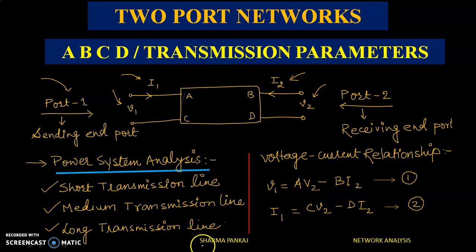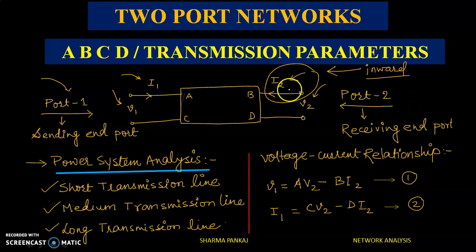Now please note one thing: this I2 is inward in the diagram. But what happens in power system? In power system, if this is the receiving end, we are receiving.